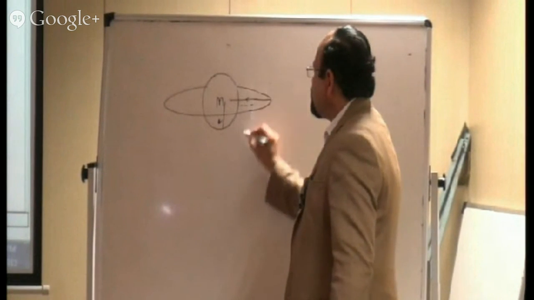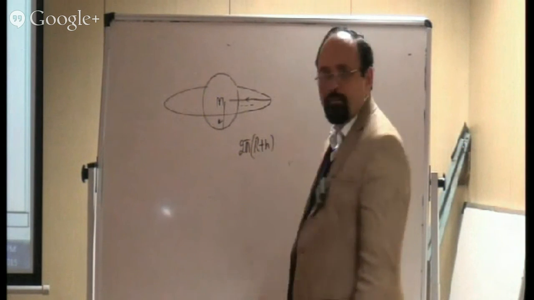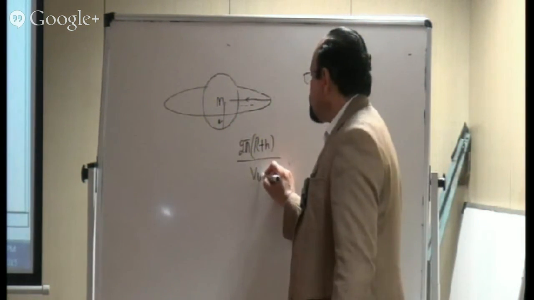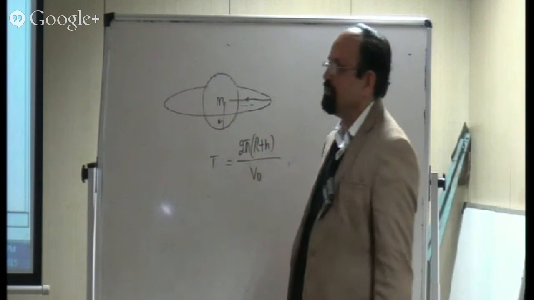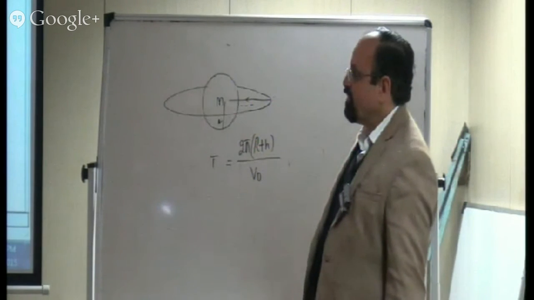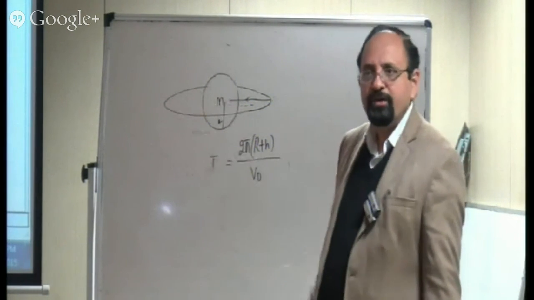The total path is 2 pi (r plus h). That's the total path in one round. And if you divide by the orbital velocity, we get nothing but the time of revolution. If you solve, you will get T equals 2 pi times (r plus h) whole cube divided by GM, under root.